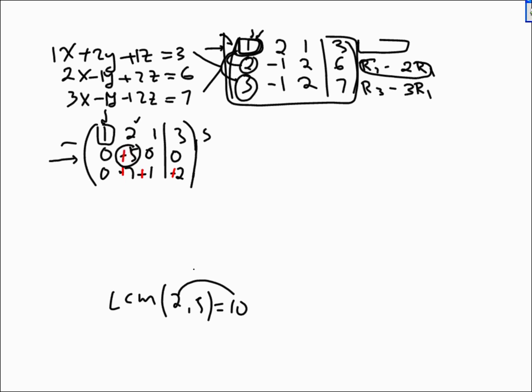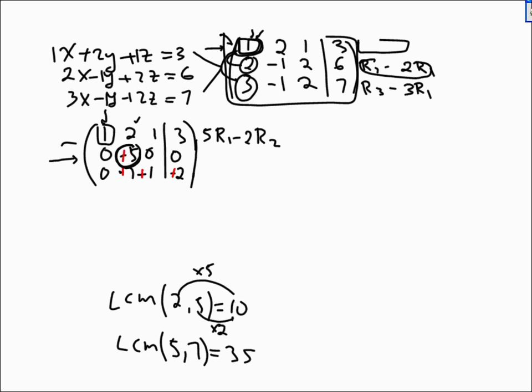Got to multiply 2 by 5 and 5 by 2. So I multiply row 1 by 5 and I multiply row 2 by 2. That will put a 10 in that second column position. Subtract the 10s, you're done. You get 0.